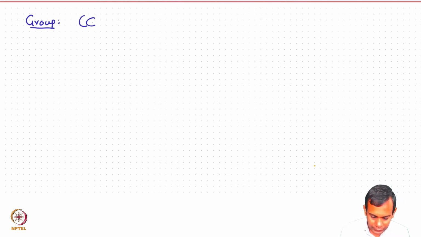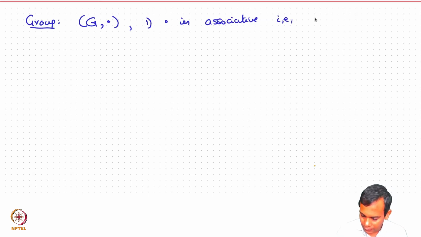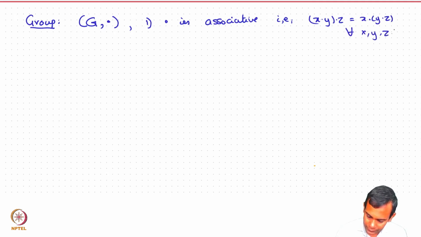It is a set G together with a binary operation dot, such that dot is associative, i.e. X dot Y dot Z is equal to X dot Y dot Z for all X, Y, Z in G. Oh no, but first I should state the identity axiom.